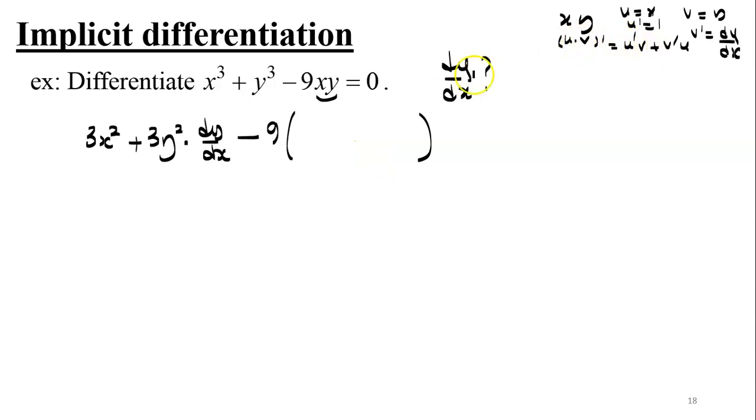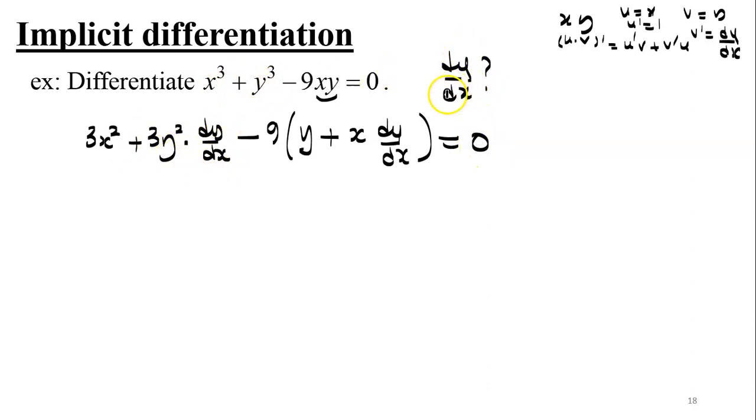So applying the product rule here, u prime v is 1 times y, which is y, plus v prime times u, which is x times dy over dx. So that is the derivative of the right-hand side, while the derivative of the left-hand side is 0, because the derivative of 0 is 0.